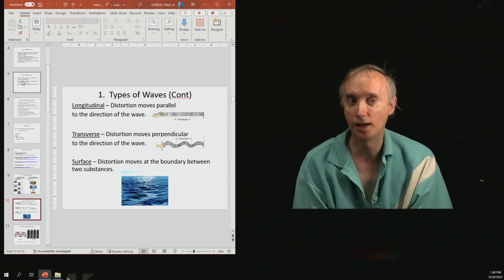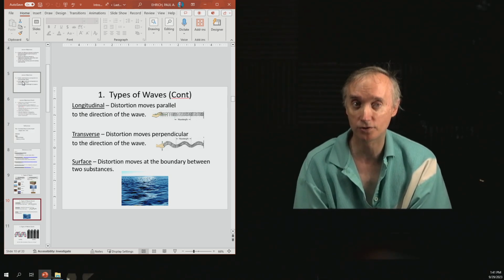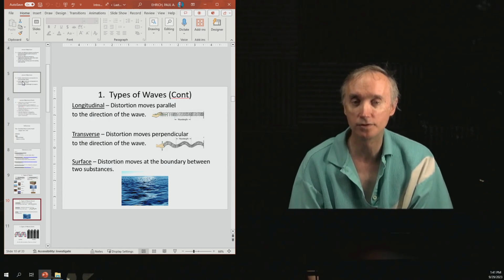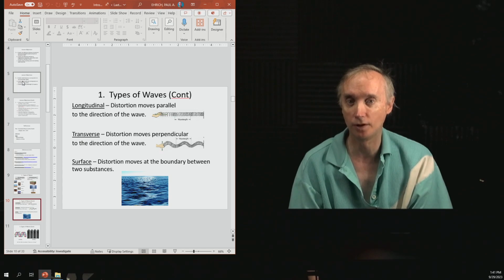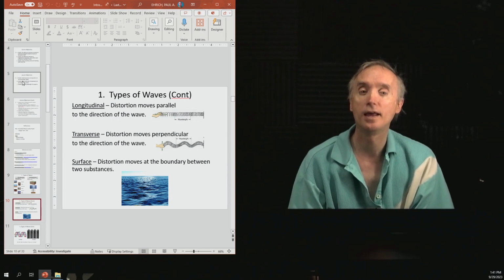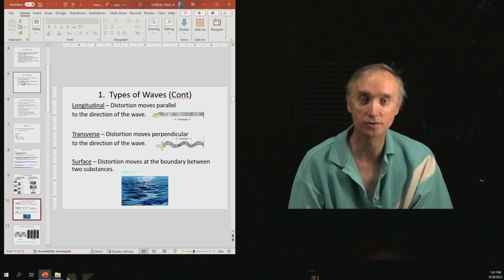And all light waves are going to be one of these types of waves. So you might want to go back in your notes and figure out which one's which. So light waves are an example of blank waves. Sound waves are an example of blank waves. Now you can do both of them with the slinky. And then also you have surface waves. So know what a surface wave is.